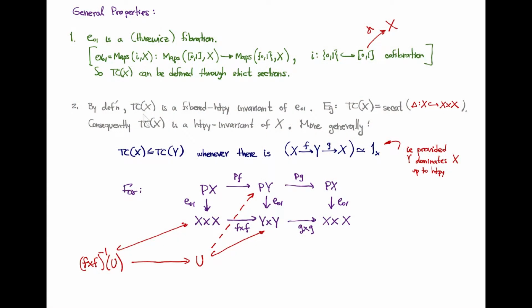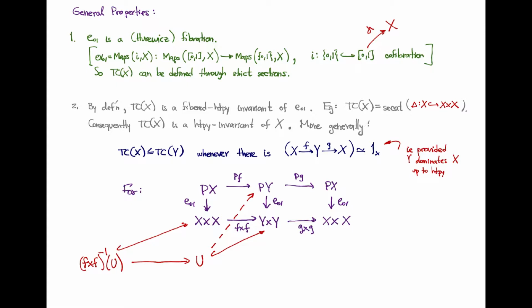Now the other thing I already mentioned, that this is a fiber homotopy invariant of this map, and it is interesting to notice that the path space on X has the homotopy type of X. And the double evaluation map has the homotopy type of the diagonal. Namely, if you have a path in X, you can just collapse it, say, to the middle point.